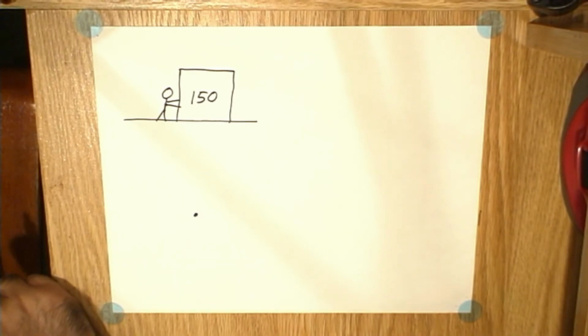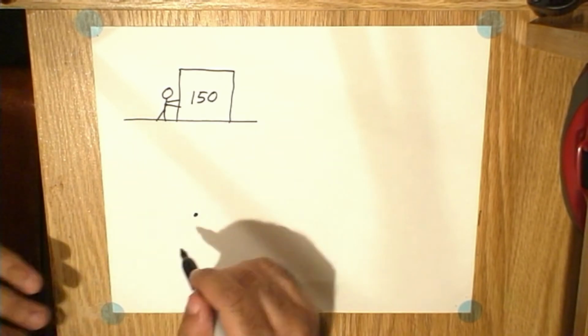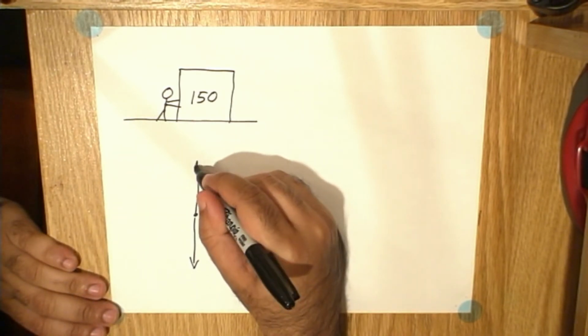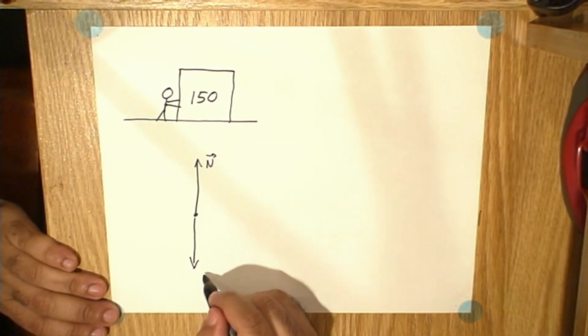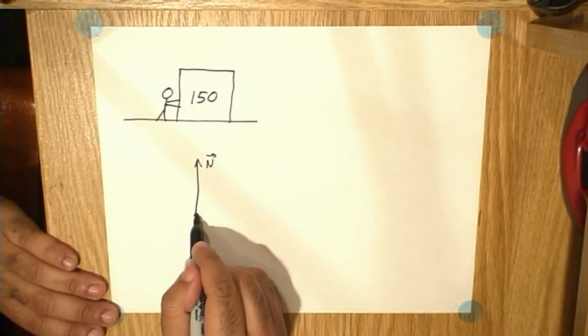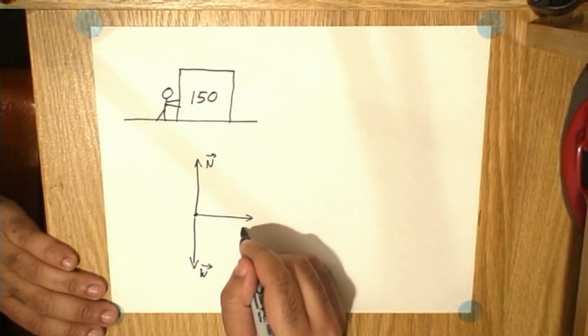So now let's draw the free body diagram. The familiar forces of weight and normal are still going to be there. You are pushing it across the floor, so there's going to be the applied force as well.